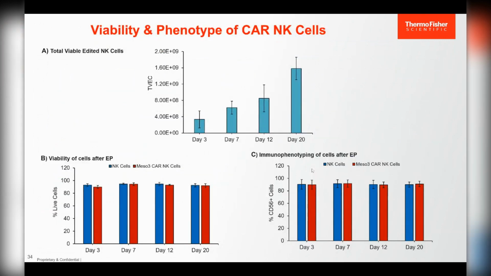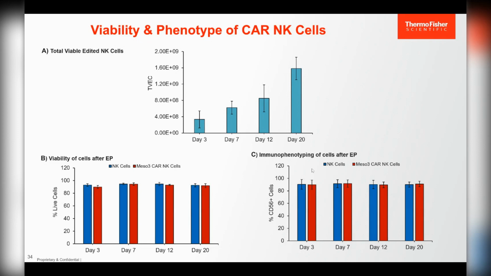And then in the top panel, we also measure the total viable edited CAR NK, how much we have. Over time, we can see the CAR NK viable edited cell expansion is high. In the bottom left panel, we measure the viability after electroporation, and both NK cells and CAR NK maintain their viability.